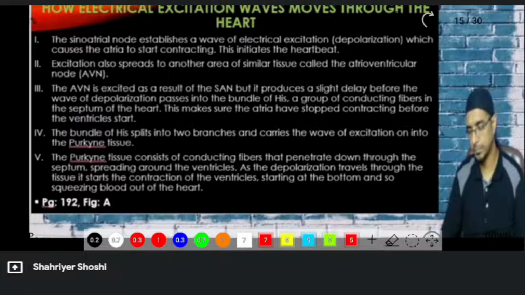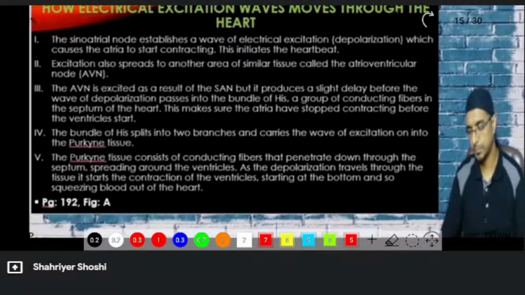Go ahead. Fourth and fifth points, explain. We know what the bundle of His is, right? Now the bundle of His is splitting into two branches, and this is carrying the excitation wave into the Purkinje tissue.